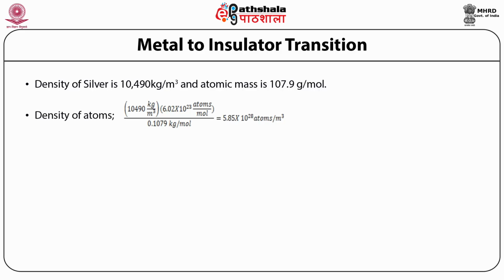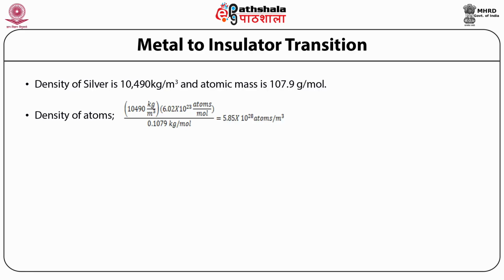So the density of atoms is the density of silver, that is 10,490 multiplied by the Avogadro's number, that is 6.02 multiplied by 10 to the power 23 atoms per mole, divided by the atomic mass, that is 0.1079 kg per mole. So this is equivalent to 5.85 multiplied by 10 to the power 28 atoms per meter cube.